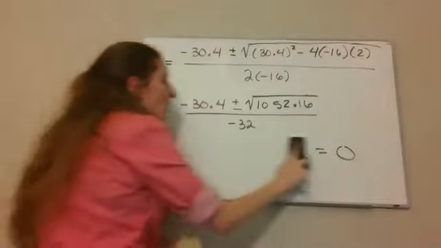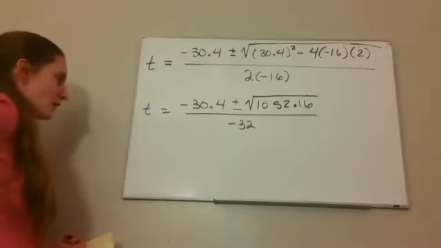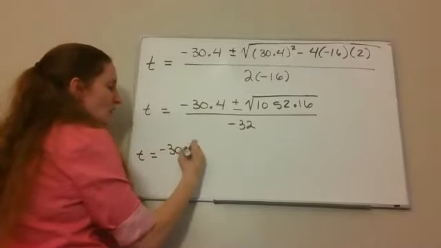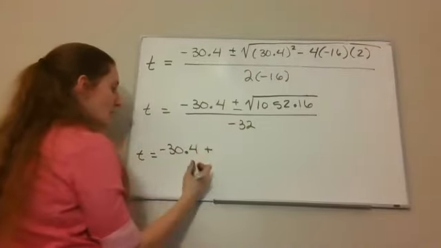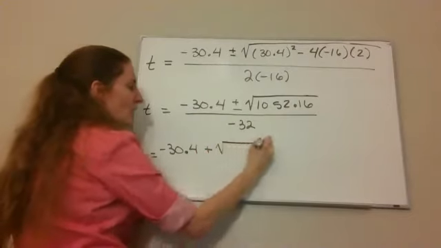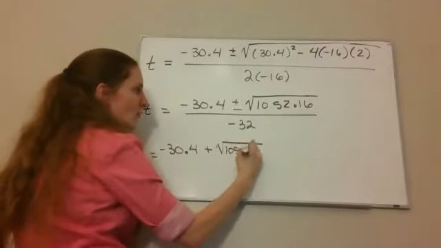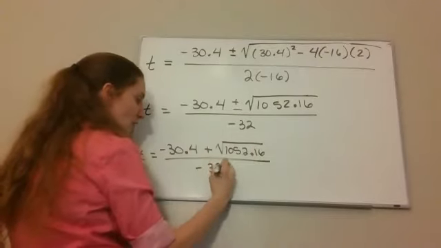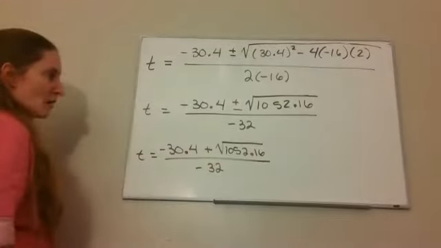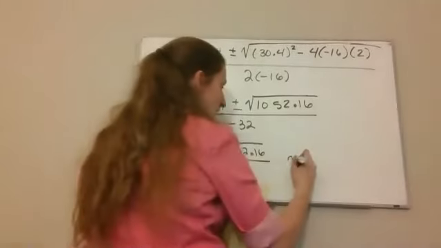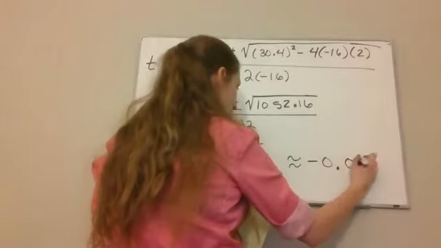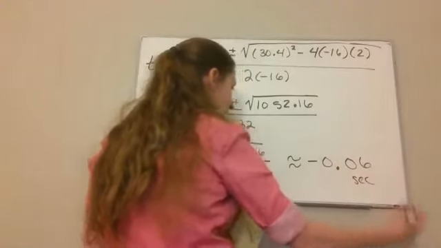So we have 2 possible solutions. One of them is the solution that uses a plus. Negative 30.4 plus a square root of 1052.16 all over negative 32. But if you type that in, you're going to get, it's approximately negative 0.06 seconds.